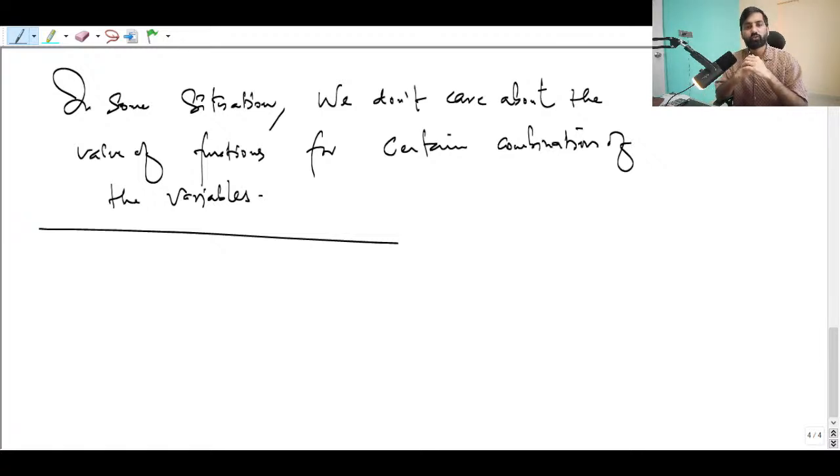So we can select a function that gives us the simplest circuit. So you can take these don't cares, and you have to decide which combination is going to give you the simplest circuit. That is the idea behind it.